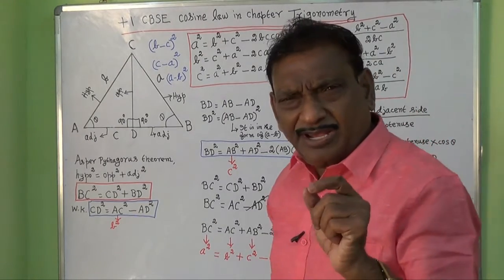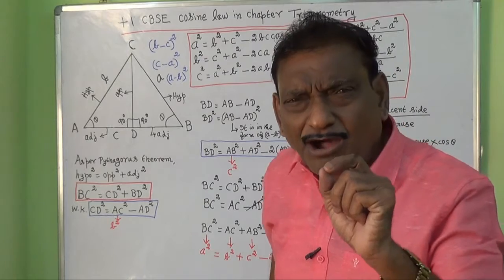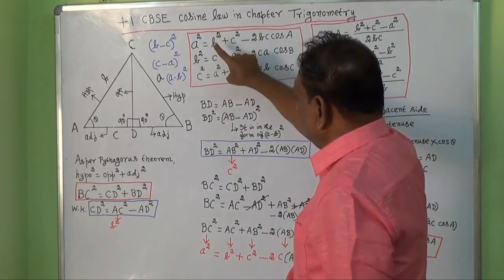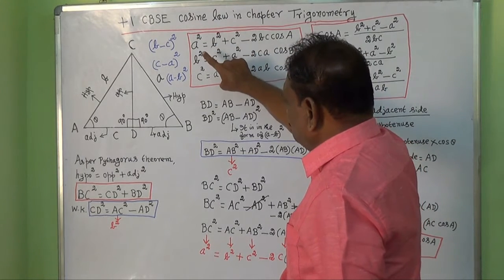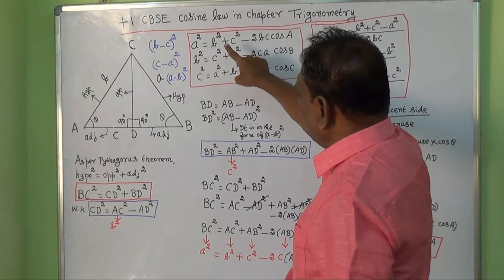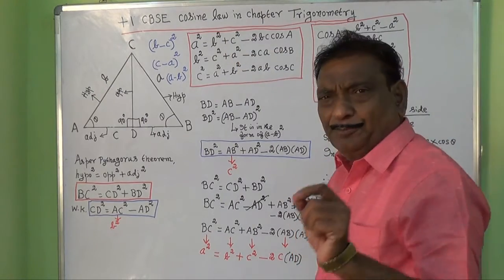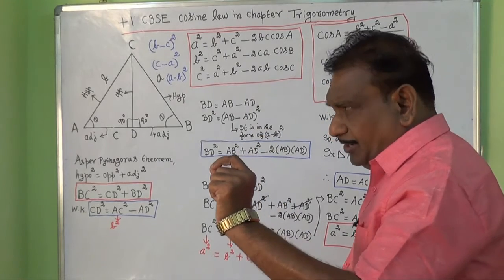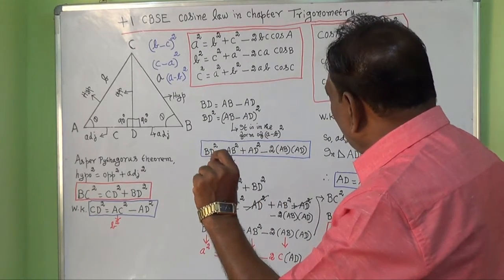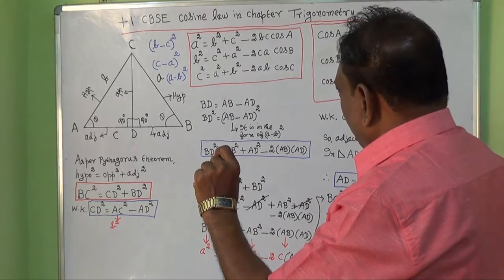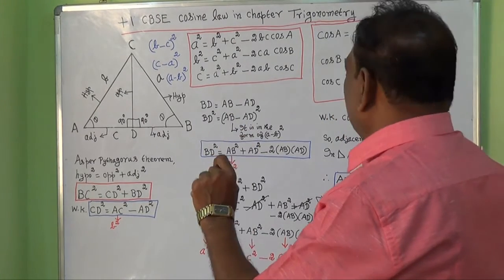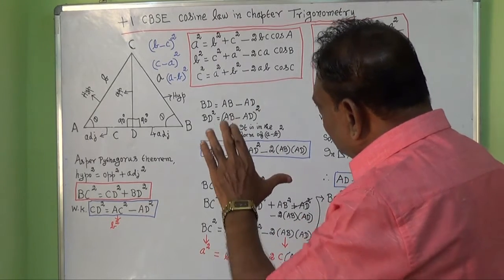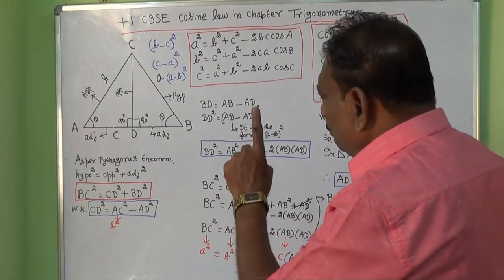How to remember this cosine law? On seeing the first formula, that is a square equal to b square plus c square minus 2bc cos A, we can come to a conclusion. On the right hand side there are three terms, and on the left side there is only one term.